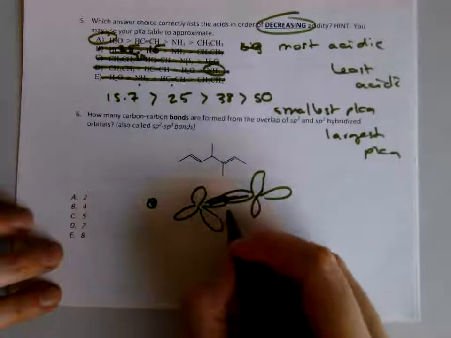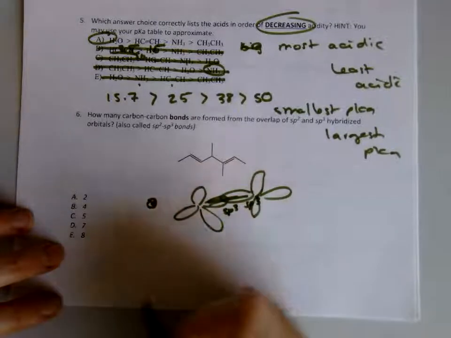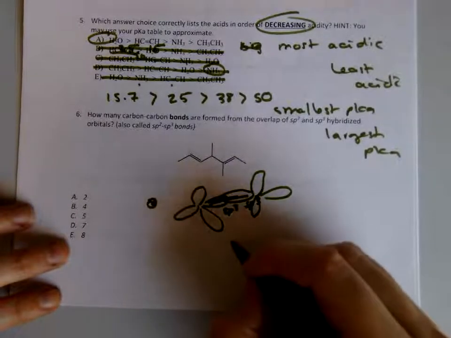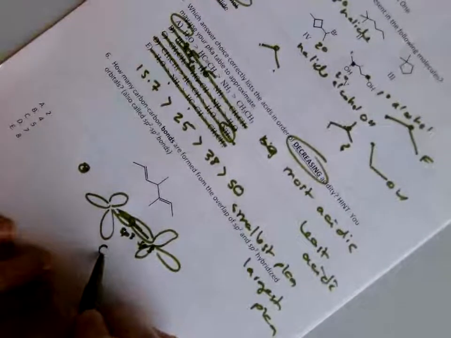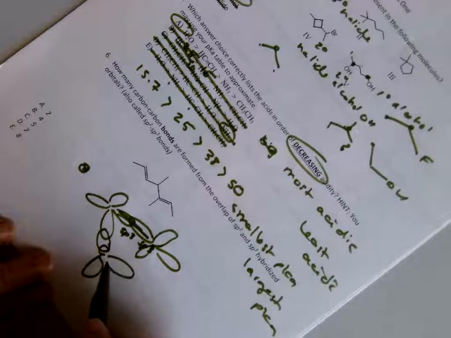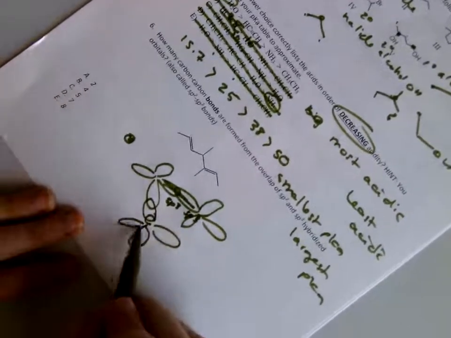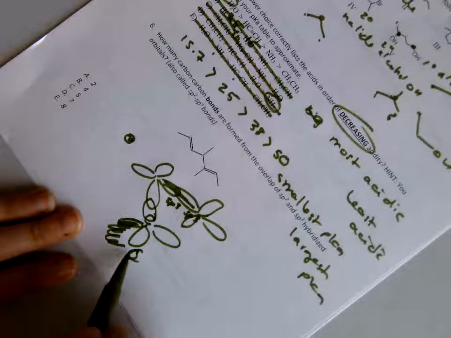So this would be a sigma bond formed from sp3, sp3. But if there was a double bond nearby, like if this carbon right here had a trigonal planar situation, and then it had an extra pi bond, we'll just draw the extra pi bond like this.